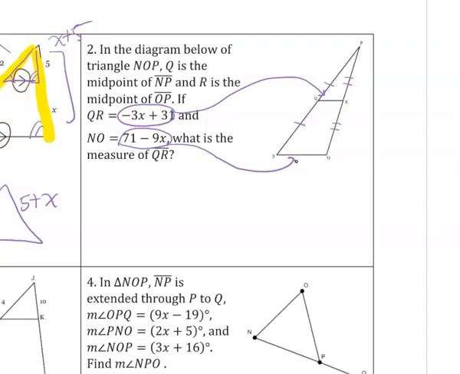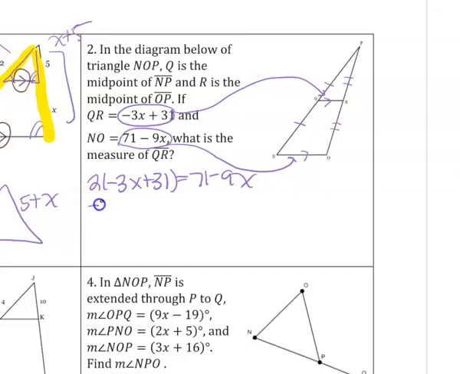Now remember what I said about mid-segments. The mid-segment is half of the base that it's parallel to, or you could double the mid-segment to get the base. And that's actually what I'm going to do. I'm going to take 2 and multiply it by my mid-segment and set that equal to my base of 71 minus 9x. And from there, we're ready to solve.